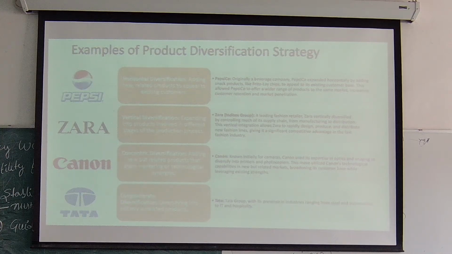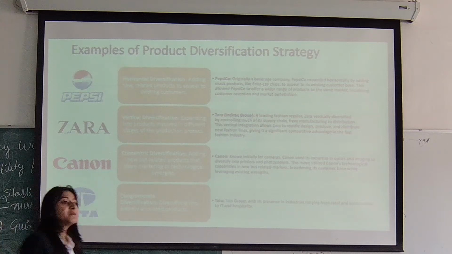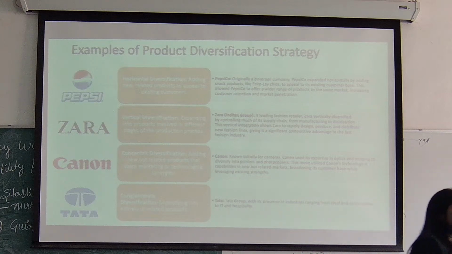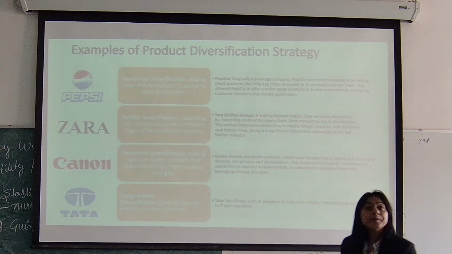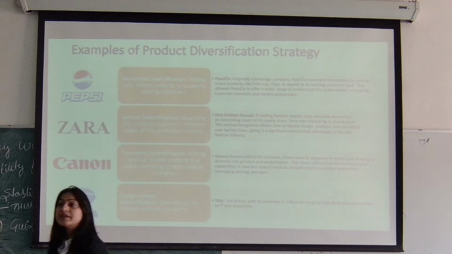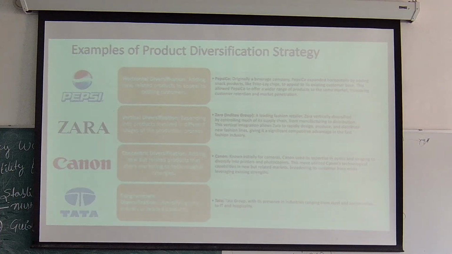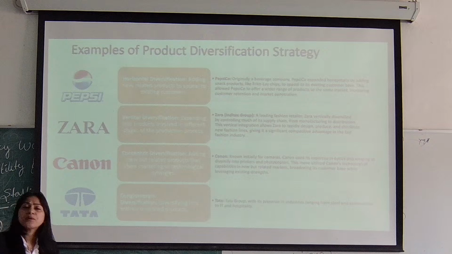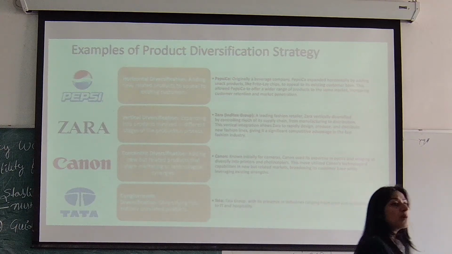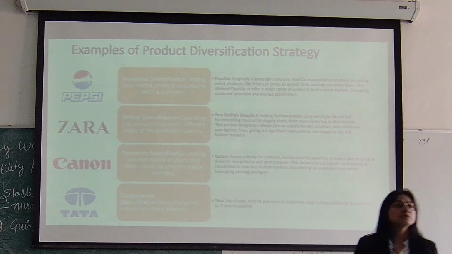So when we talk about concentric diversification, it means that we'll come up with new products which will be probably using the same technology and will be related. Like Canon के क्या आते हैं? Printers आते हैं, photocopiers आते हैं, printers जो घर पे हमारे होते हैं, the small setup that we have with a scanner and all, and if you go to some photocopy shop you will find these huge machines, right?